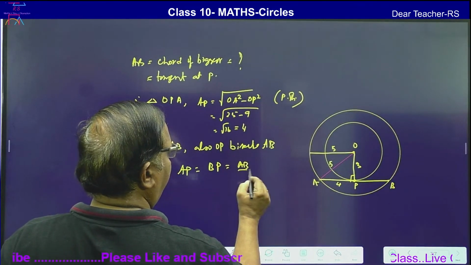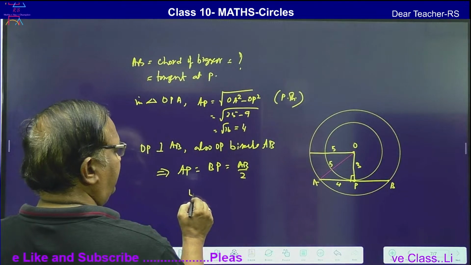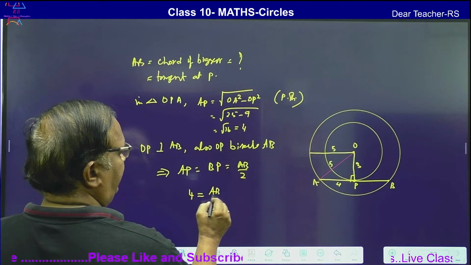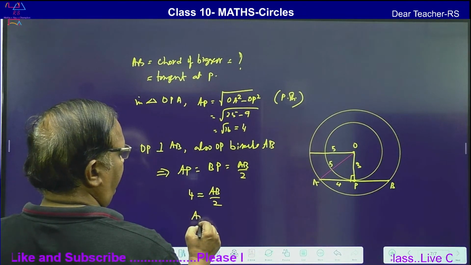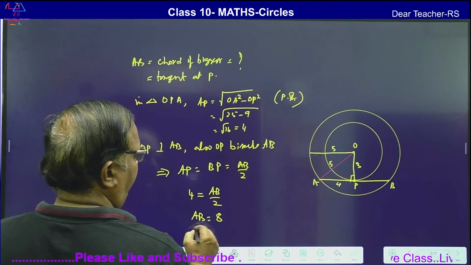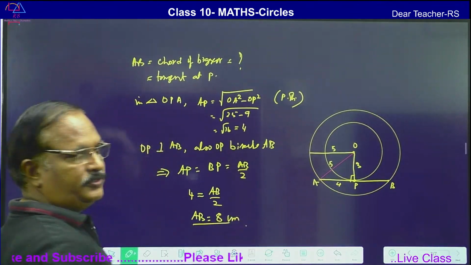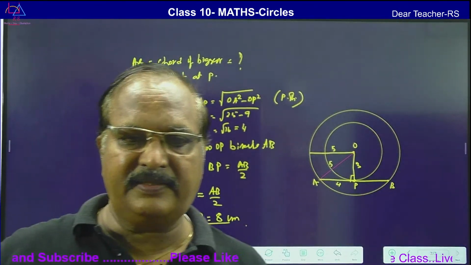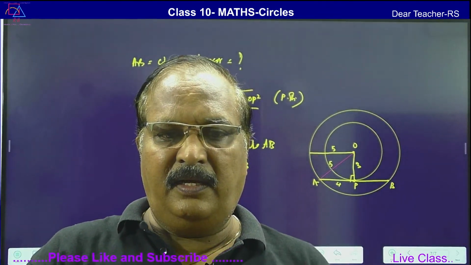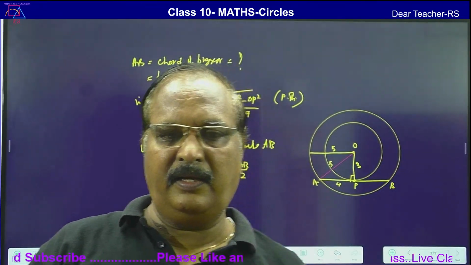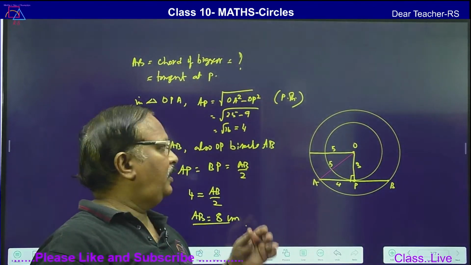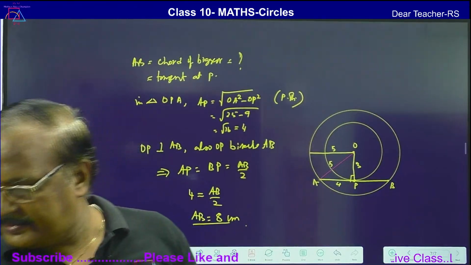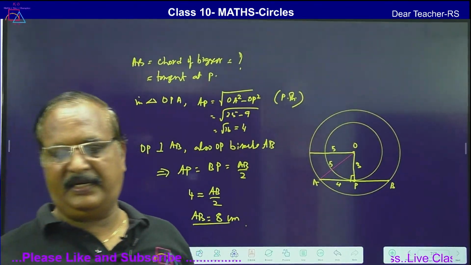So AP we got already 4, AB by 2, cross multiply, AB is equal to 8 centimeters. So the length of the chord is 8 centimeters. Okay. So this is how question number 7 is to be done.